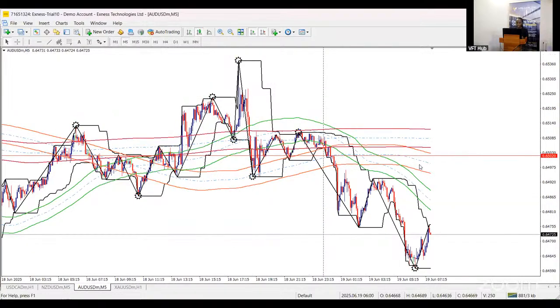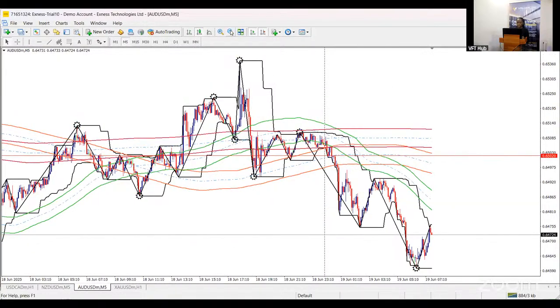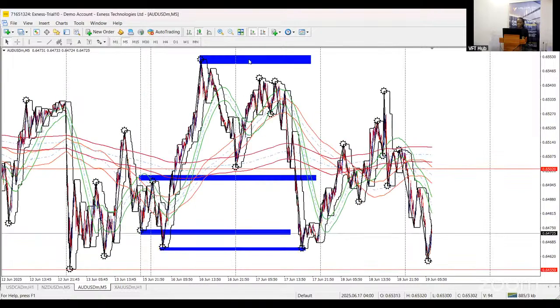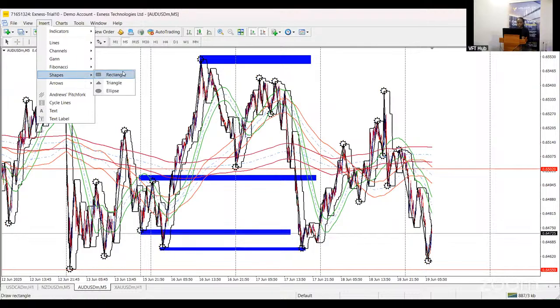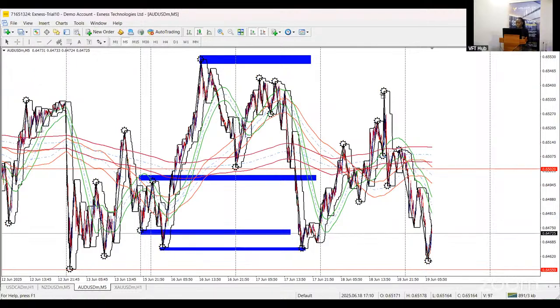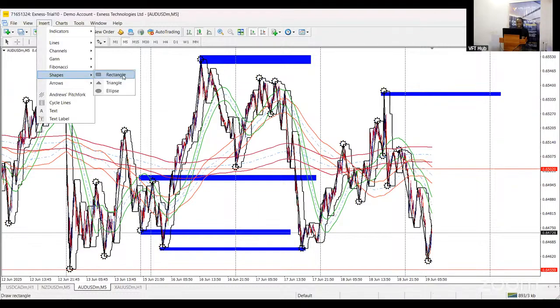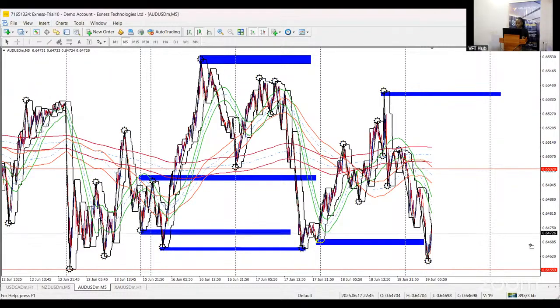Now that I have the H1 bias in view, I'm going to go ahead to the M5 and mark out 4 basic levels. Some of us already know what we mark out every time we use the all-weather strategy. Very repetitive. Yesterday's high and low, right here, and then day before yesterday's high and low as well.